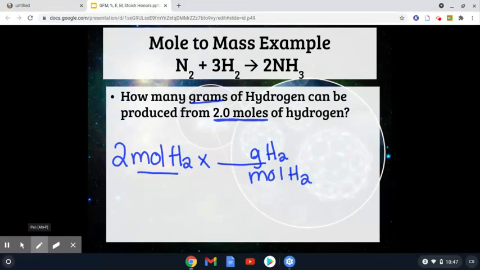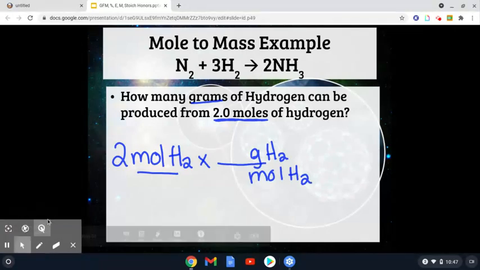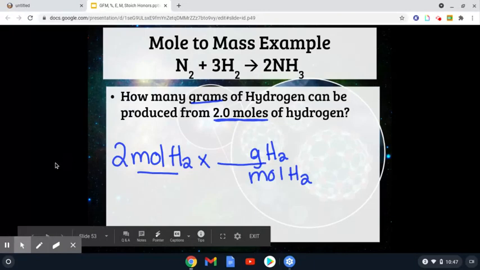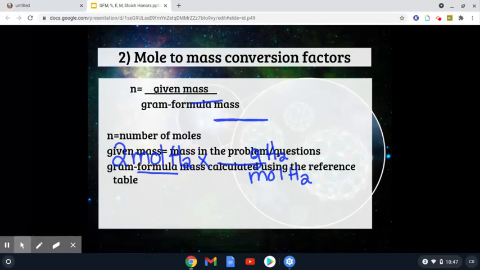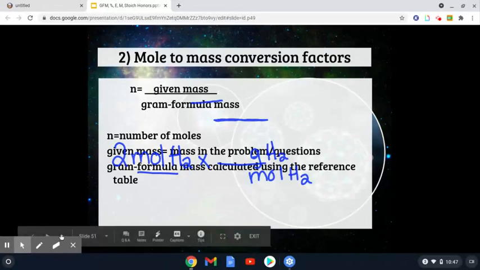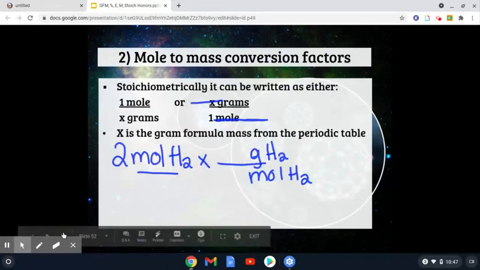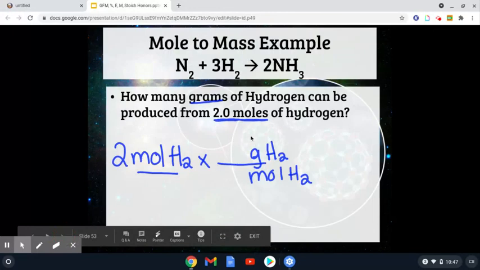If we think back to our equation before, we are going to be looking at the given mass, and in this case, we're given the moles, so we're just manipulating this formula to rearrange it into a conversion factor. So in your conversion factor, whenever you have grams, that's talking about the gram formula mass.